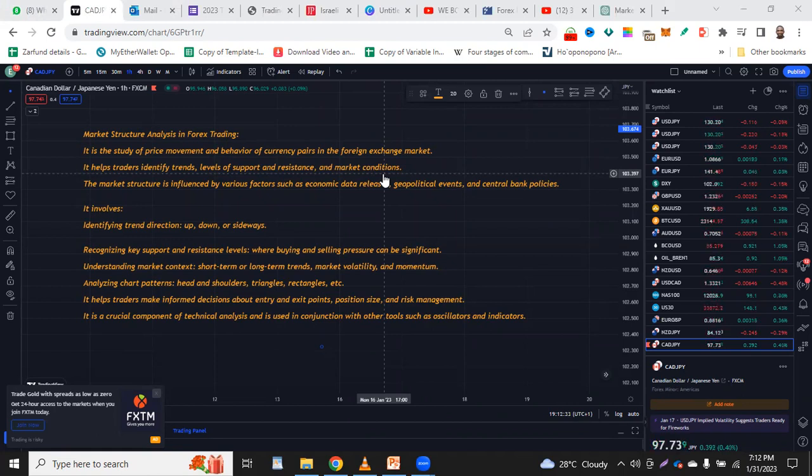The support where you were looking to buy before, price will break through it as if it does not even exist. When price breaks that structure, a new structure is going to be formed. That's why we say that market structure is influenced by economic news releases, geopolitical events, and central banks.